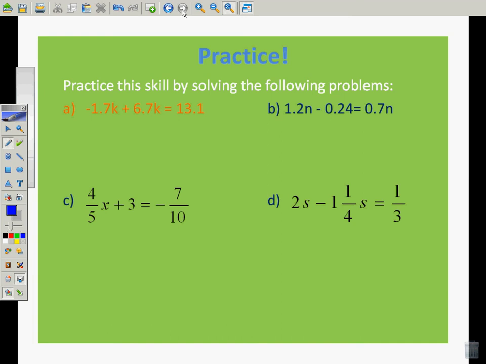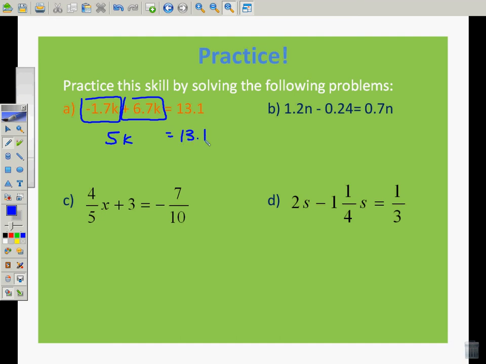Okay, so let's look at A. When I have negative 1.7k and 6.7k equal to 13.1, I need to combine like terms first. So I'm going to do my same process here. And I know that both of these have a k in them. So I'm going to combine those and get 5k is equal to 13.1.